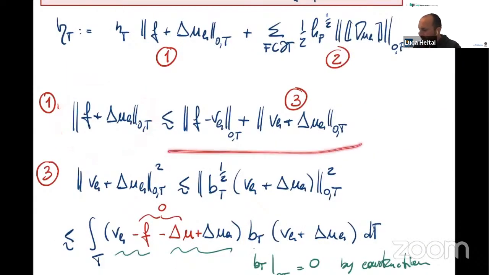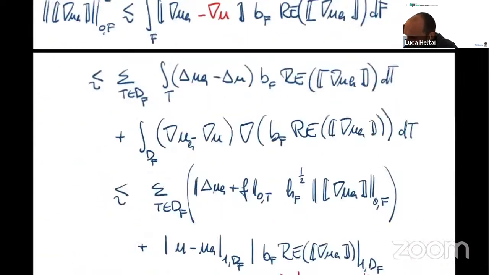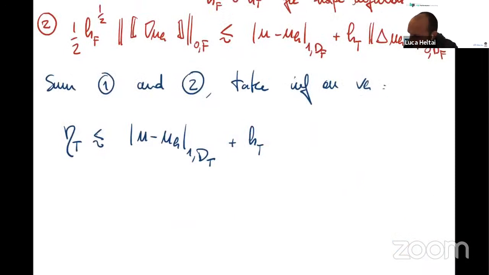So we have this already controlled, and putting the two estimates together, we get exactly the result here, which is infimum for VH in capital VH of F minus VH, and this is 0 dt.